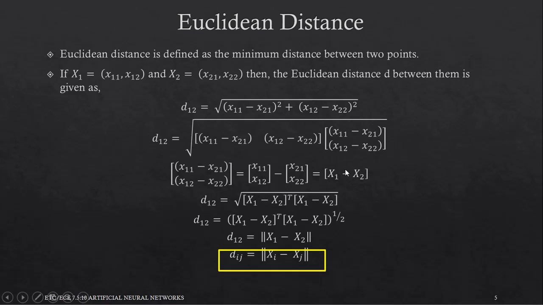That's why we can write d, the distance between 2 points, as d12 equals under root (x1 minus x2) transpose (x1 minus x2). Verify. Please verify.